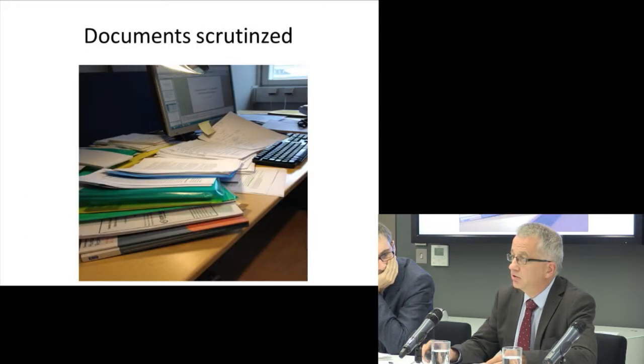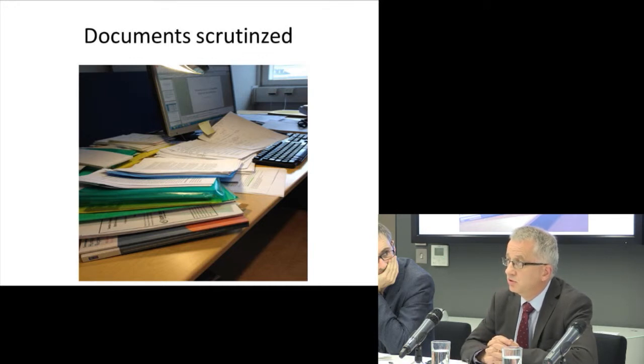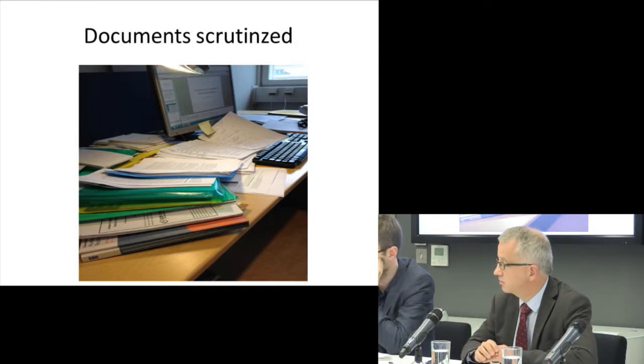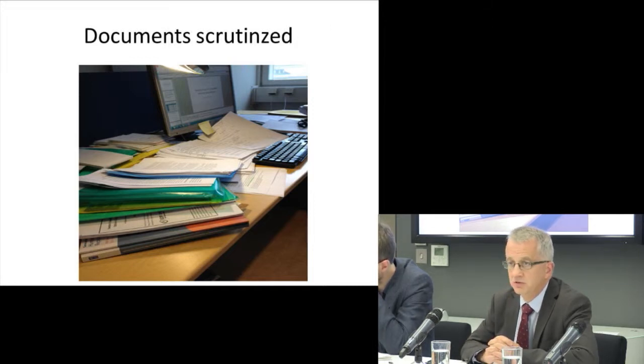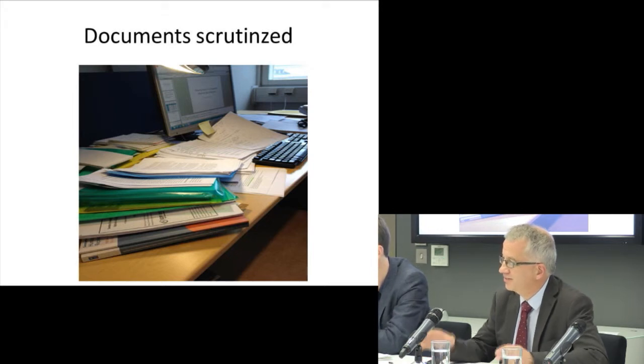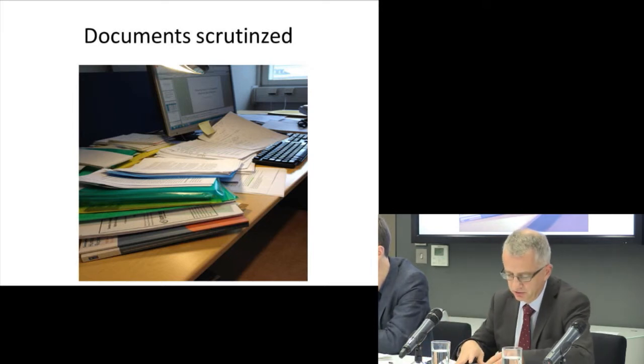So I looked at documents and websites and scrutinized all interventions above 100,000 Swedish crowns, which is about 8,000 pounds, in these 12 country programs for 2012 and 2013, almost 1,000 interventions. But some of them were the same over the 2 years.